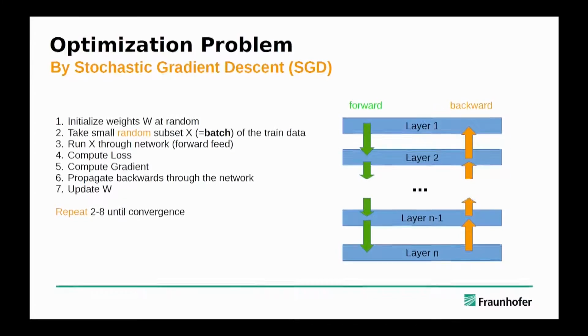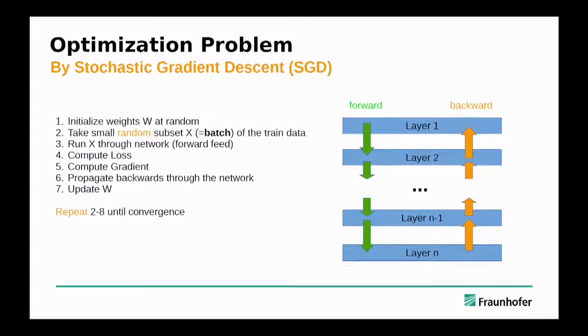So what you do, you feed forward, put your data through the network, compute some difference to the real answer, and then propagate the gradient back through the network and do some small updates. And you do that in a stochastic way, so you're not using all of the 100 terabytes of the data at once, just one small chunk, which is called the batch. And you run this batch down, compute the gradient, and propagate the gradient back through the network.